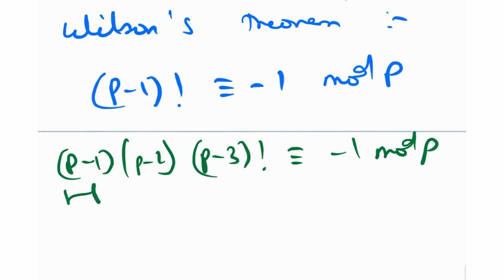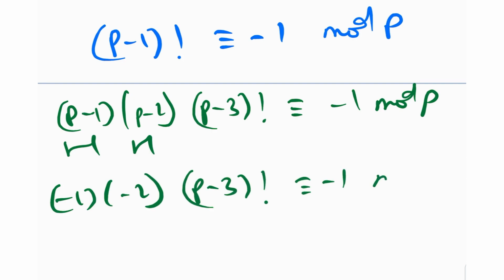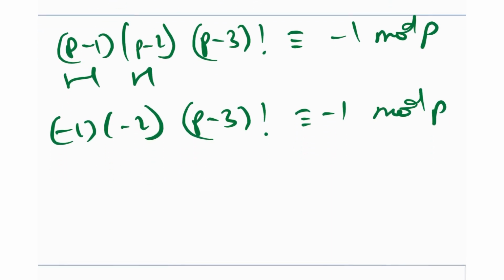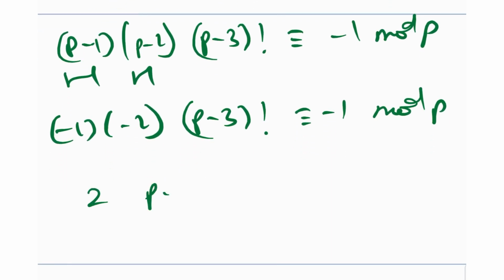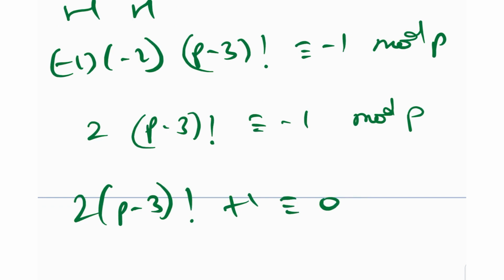If you reduce this mod p, this becomes minus 1, this becomes minus 2, and this remains (p minus 3) factorial, congruent to negative 1 modulo p. So this becomes 2 times (p minus 3) factorial congruent to negative 1 mod p. If I take 1 to the other side, I get 2 times (p minus 3) factorial plus 1 congruent to 0 mod p.